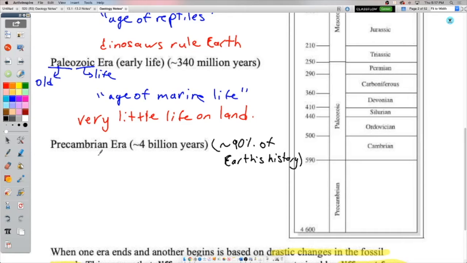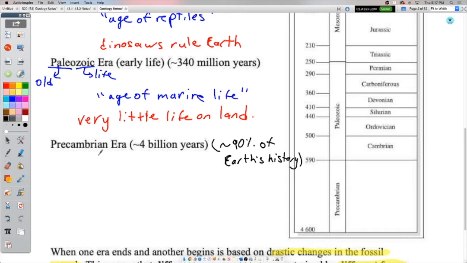Okay, notice there's no Zoic in there. What did Zoic mean? Zoic meant life, right? So was there life in the Precambrian? Yes, because we said it appeared about 3 billion years ago. But that life was very, very boring. Okay, it was very, very simple life. There was not much to it. It was all single cellular, right? That just means it has one cell.